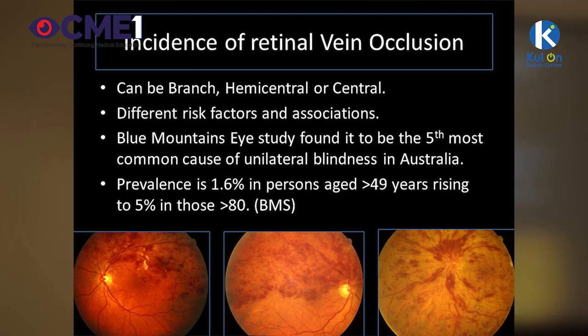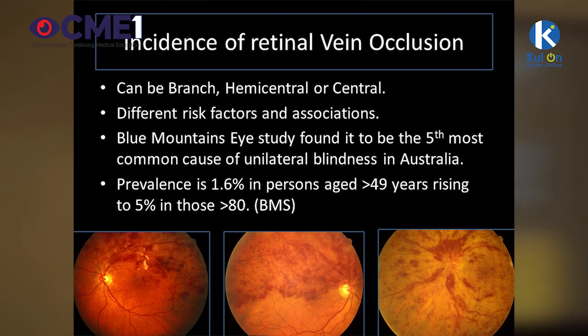Whether it's branch retinal vein occlusion, central retinal vein occlusion, or hemiretinal vein occlusion, it is quite common. It's a very important cause of sudden vision loss in Australia, and it's a very characteristic picture when you look at the eye into the retina.